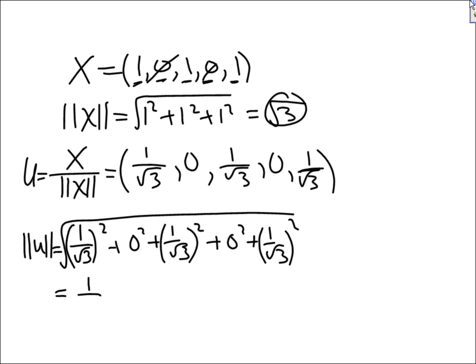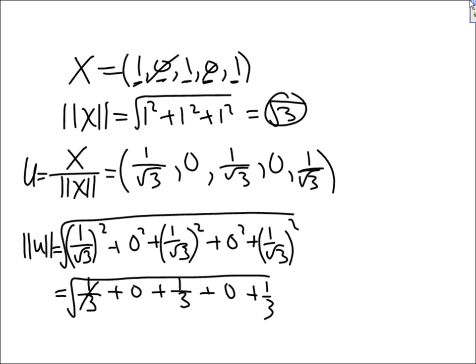Square root of 3 squared is 3. 0 squared is 0. 1/3, 0, 1/3. A third plus a third plus a third is 3/3 or 1. Plus 0 is still 1. And the square root of 1 is 1.